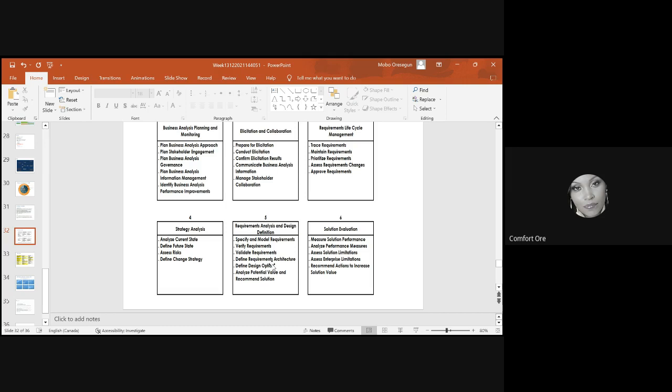Okay. This is where we define the requirement architecture. What it means is that whatever solution you're providing has to be able to feed into the entire organization. So if I did a process automation, for instance, once people have already registered through this process, they don't have to go to another room.